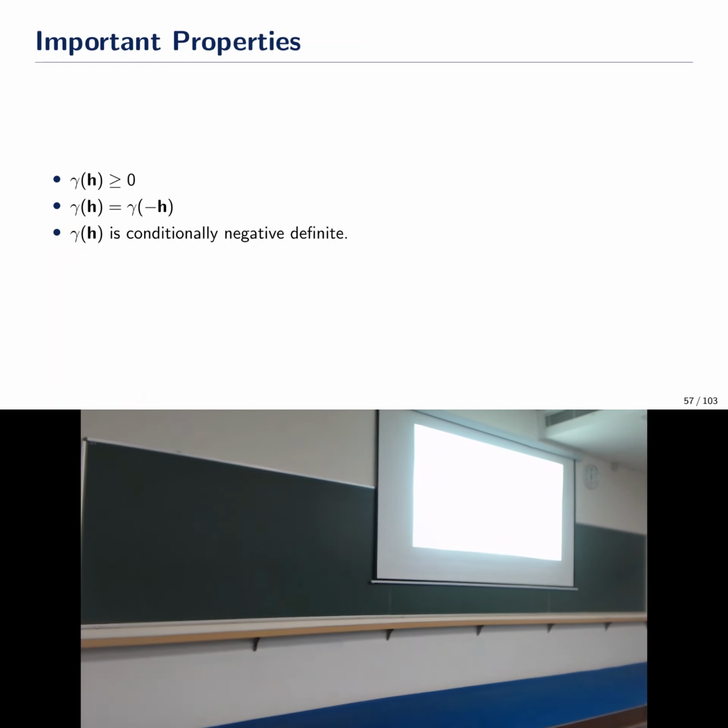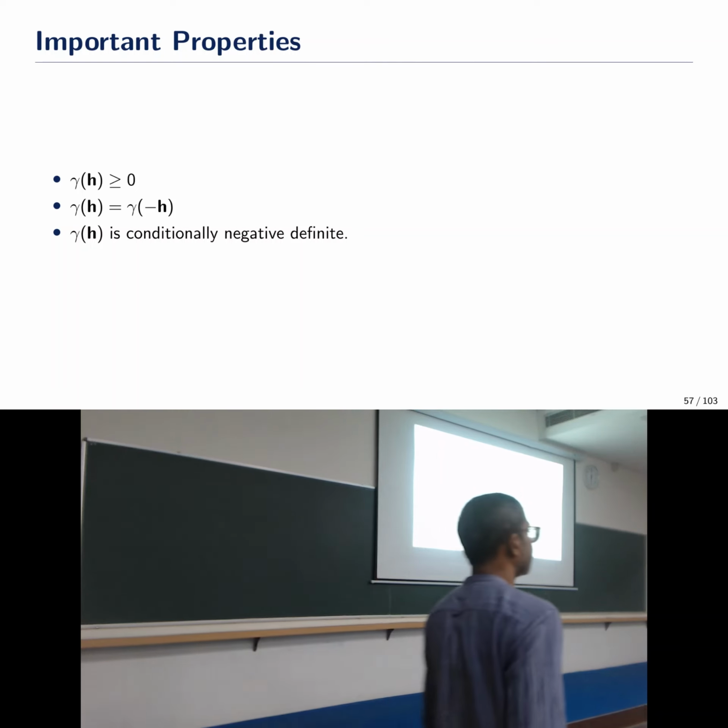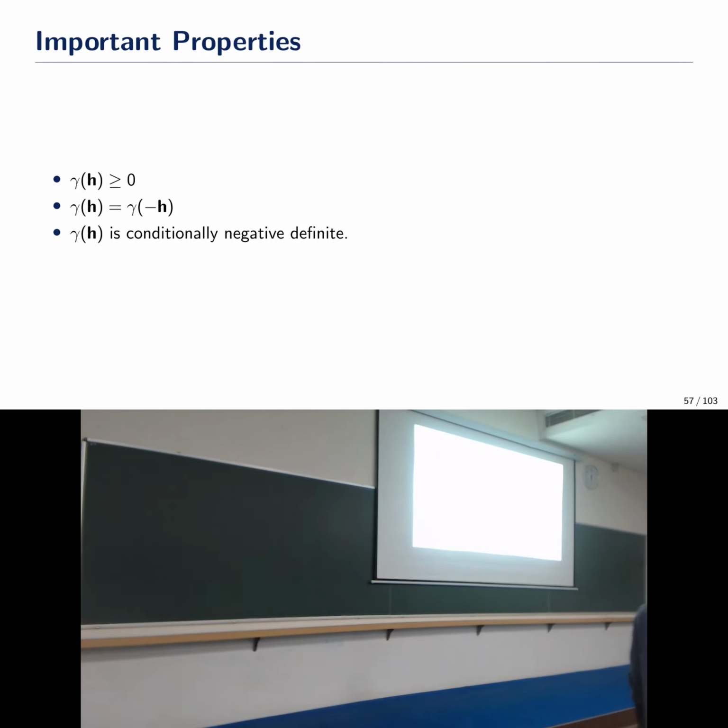So, could you give an example of data sets which satisfy these kinds of conditions? It's very difficult to check whether these things are satisfied. But there are certain sufficient conditions available using which you can check whether these conditions are being satisfied.